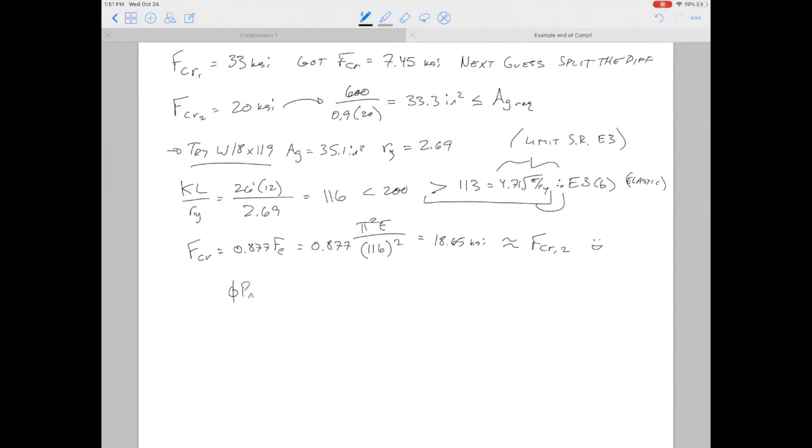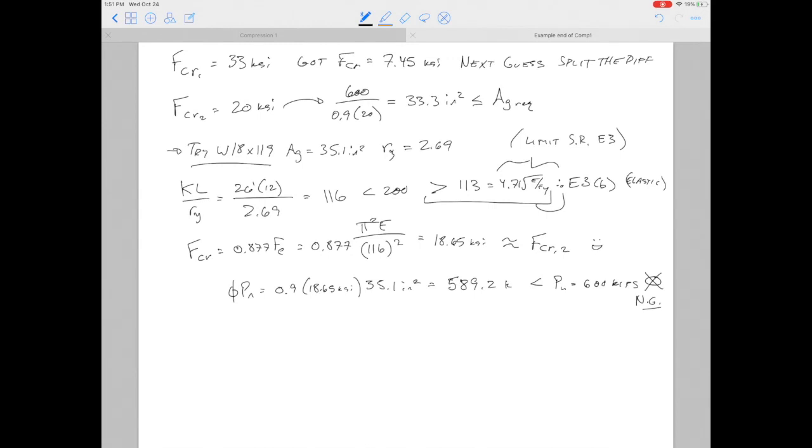And lastly, I just want to go ahead and make sure that it works. 0.9 times F critical, that's 18.65 KSI, times area gross, 35.1 inches squared. And I have 589.2. Oh, just not quite enough. Whoops, 600 kips. Still no good.